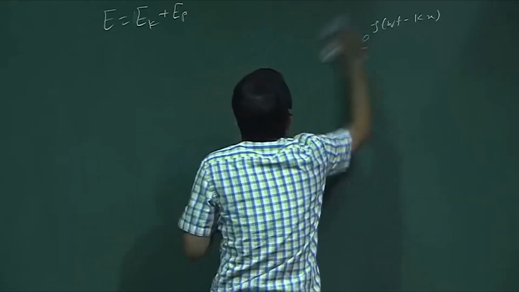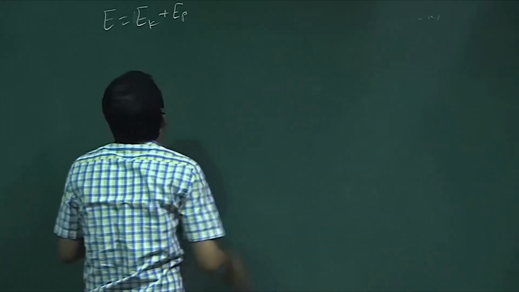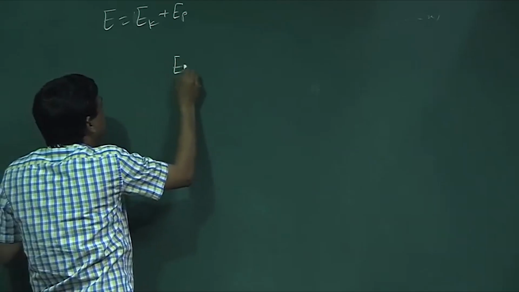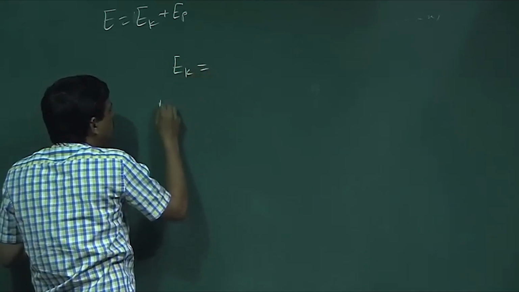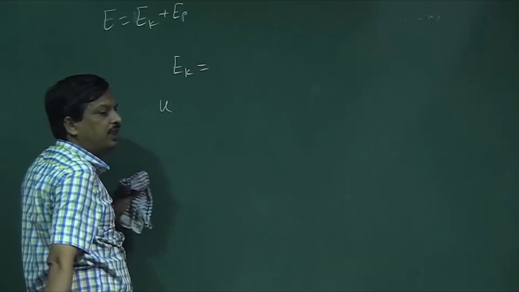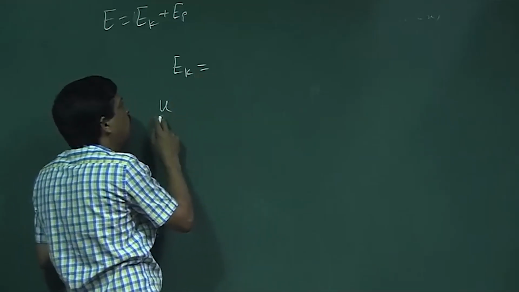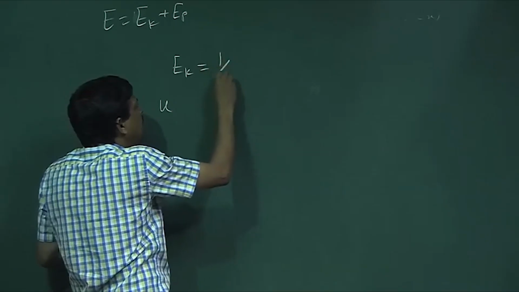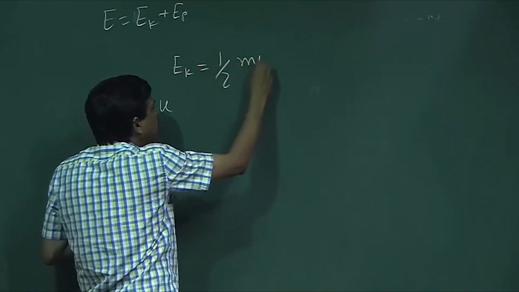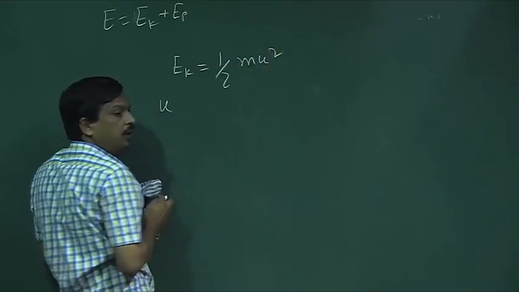If the particle velocity is u, then the kinetic energy is half m u square.